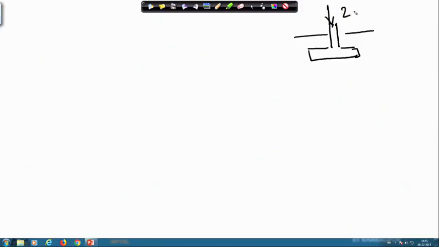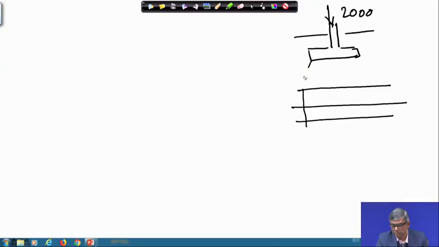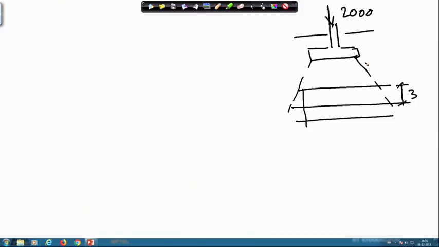Here your 2000 kilonewton load is applied, and from the base of the footing the dispersion will be like this. You have to find out the width here. So, what is the distance? This is 3, and this is also 3.5, from here to here also 3.5, this is also 3.5.